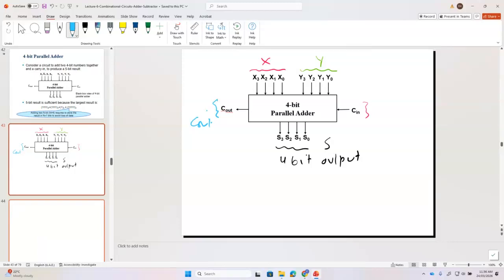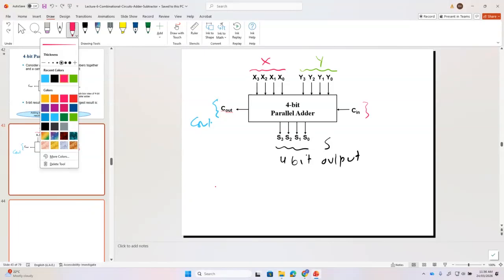Now if you look at here, how many inputs do we have for this parallel adder? Can you see how many inputs?